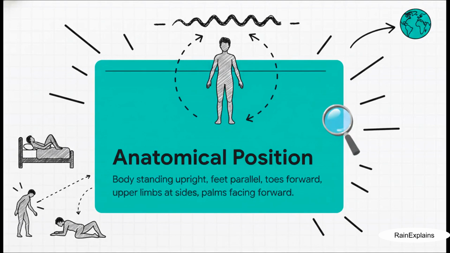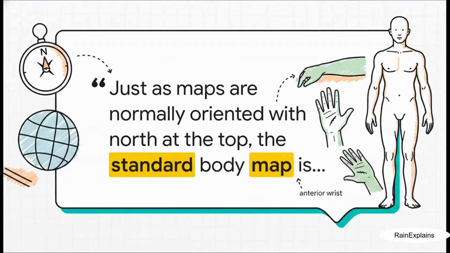Now, regardless of how a patient is actually positioned in real life, like maybe they're lying face down or curled up in a hospital bed, medical professionals always use terms as if the patient were standing in this exact anatomical position. And looking at a standard map brilliantly illustrates why this standardized position is so incredibly necessary. Think about a physical map for a second. North is always at the top, right?